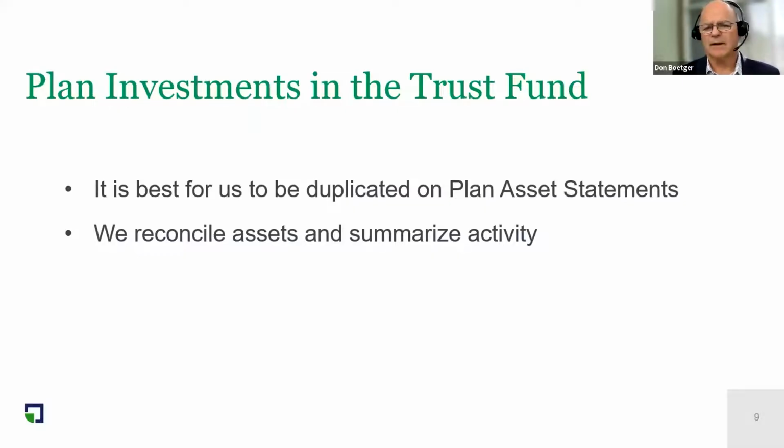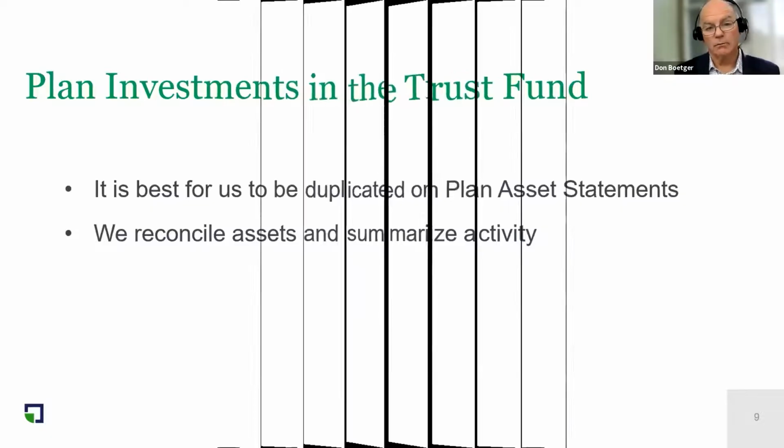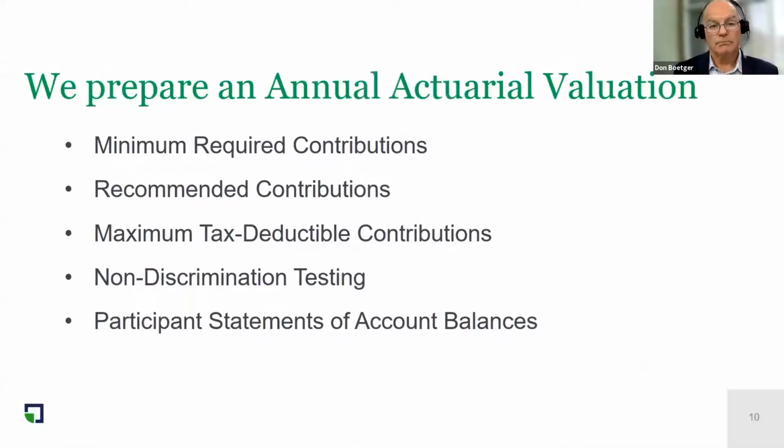So each year we reconcile those and summarize the activity. Then we'll move on to what we do for you: we prepare an annual actuarial valuation for the cash balance plan, and it develops a minimum required contribution.